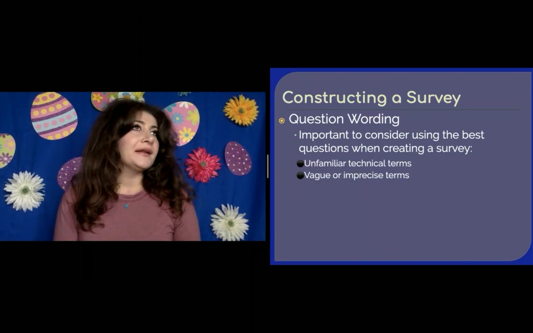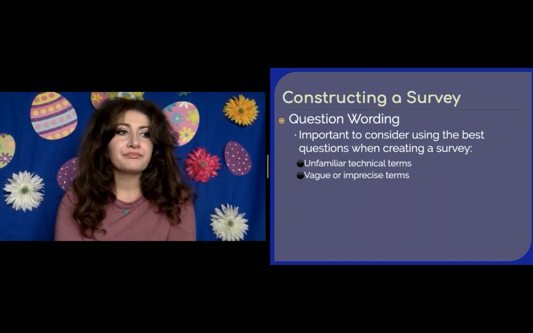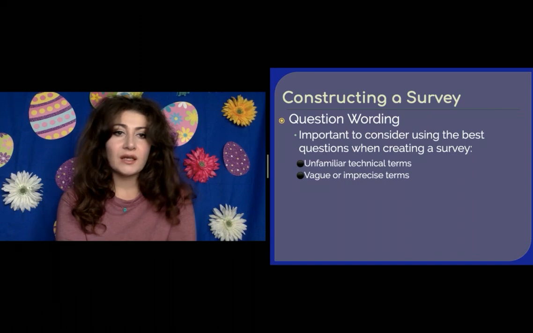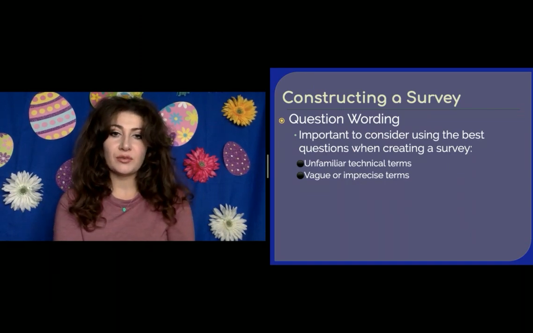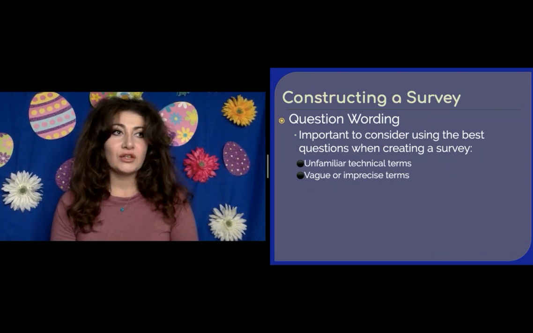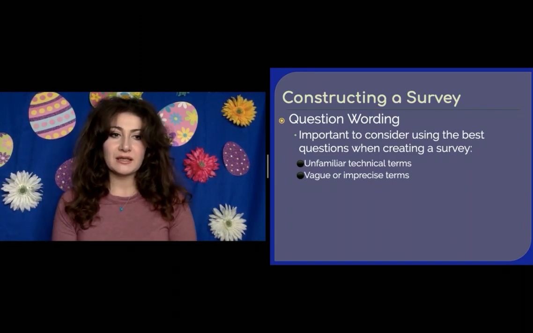So, for example, if you're trying to ask a participant in a survey to explain why they were confused about the use of a particular product, you want to make sure that you can understand how to code that confusion. You want to make sure that the participant understands what the word confused means.